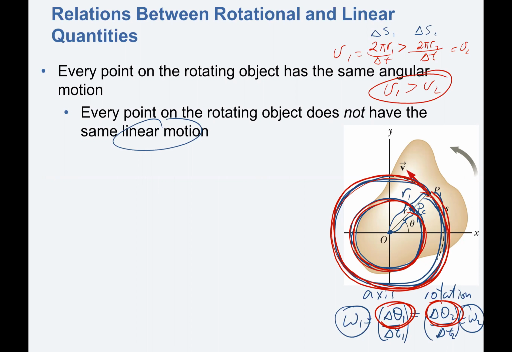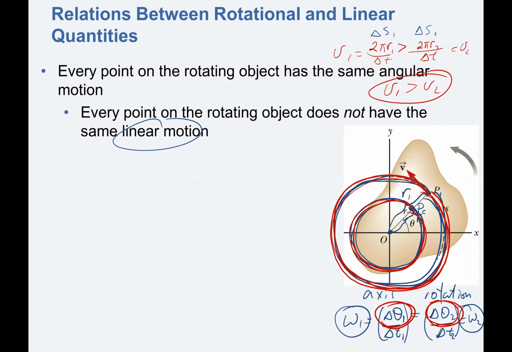Time is the same, but particle 1 has a bigger distance than particle 2, so it has to cover a bigger distance in order to complete one same cycle during the same time, so it has to be going faster. That means the velocities of particle 1 and particle 2 as the object goes in a circular motion are not the same.